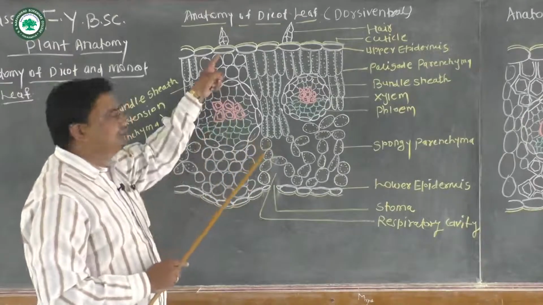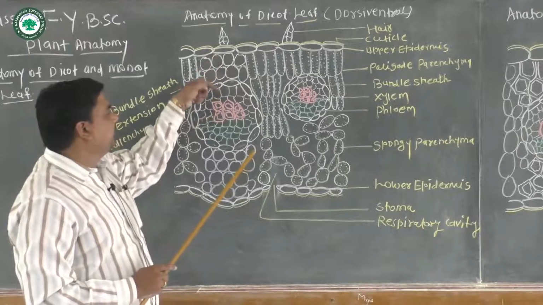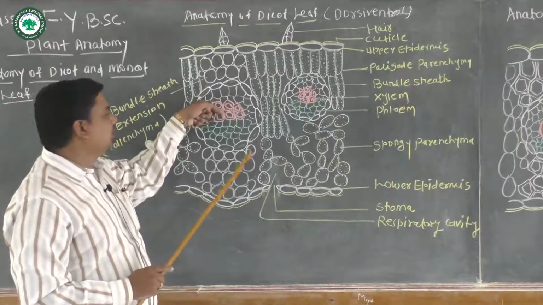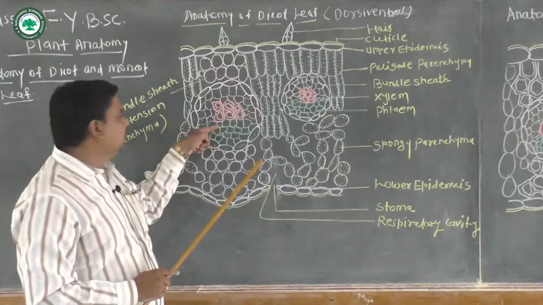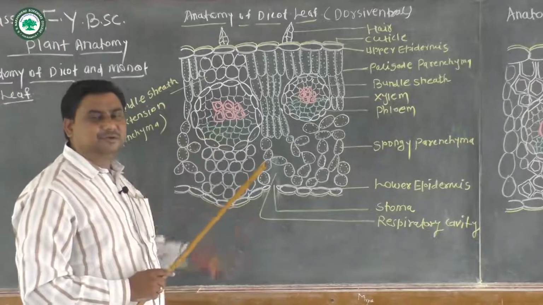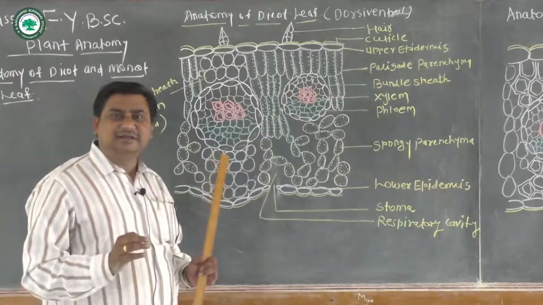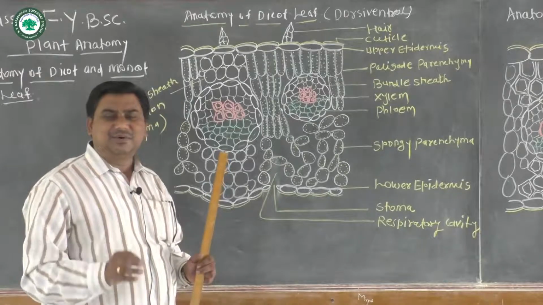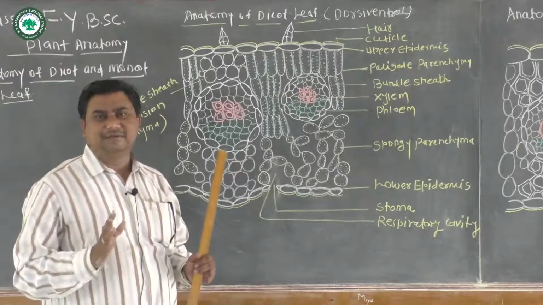Protoxylem is toward the upper epidermal portion, and metaxylem toward the lower portion, and below it there is the phloem. So this vascular bundle is the conjoined, collateral and closed type of vascular bundle.